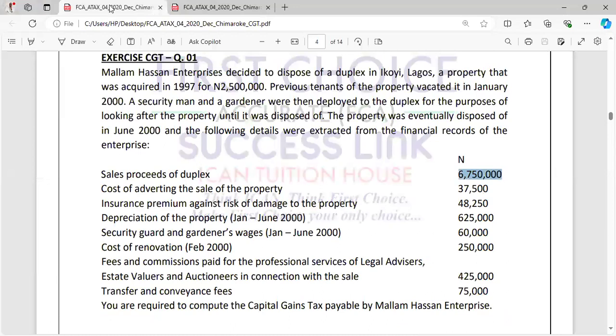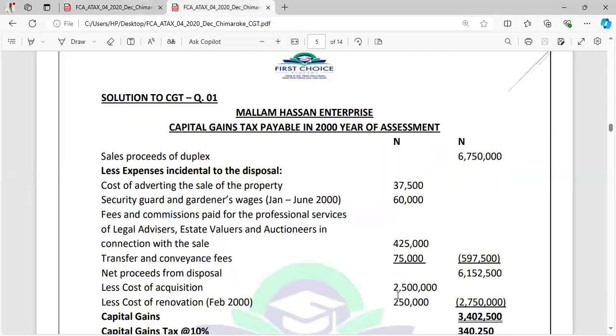Then we have cost of renovation, which is the improvement cost, 250,000. So we add 250,000 to 2,500,000, we have 2,750,000.